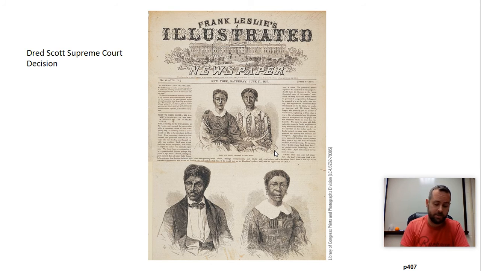In 1857, there's going to be a major Supreme Court case that also highlights division. I'm not going to say much about this because you have an assignment on this, but this is Dred Scott, a slave who was taken into free territory and then eventually petitioned the Supreme Court for his freedom.